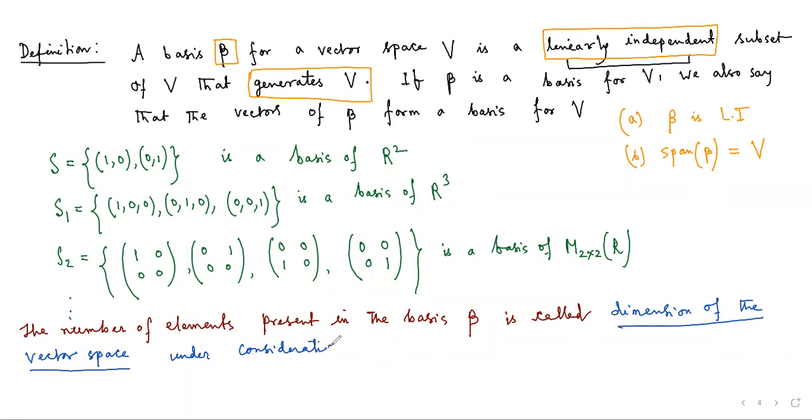We always like to talk about dimensions: 3 dimension, 4 dimension, 5 dimension, n dimension. We try to think like that.